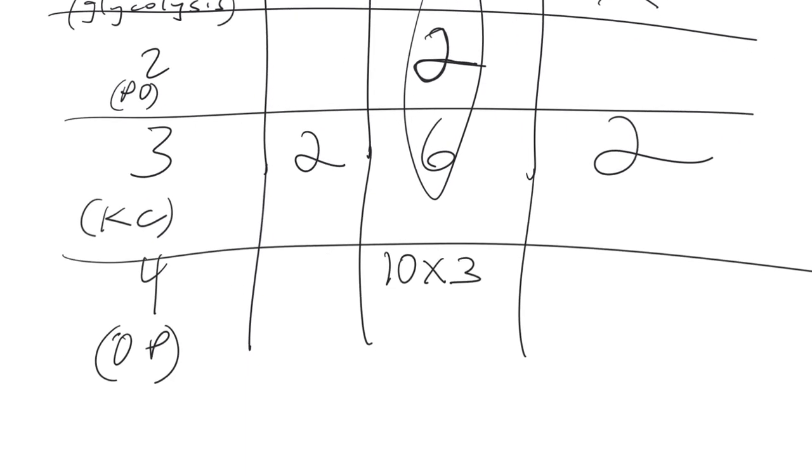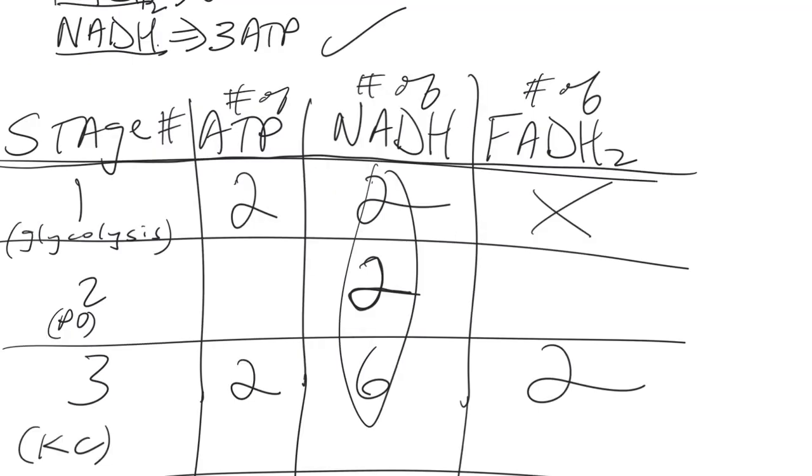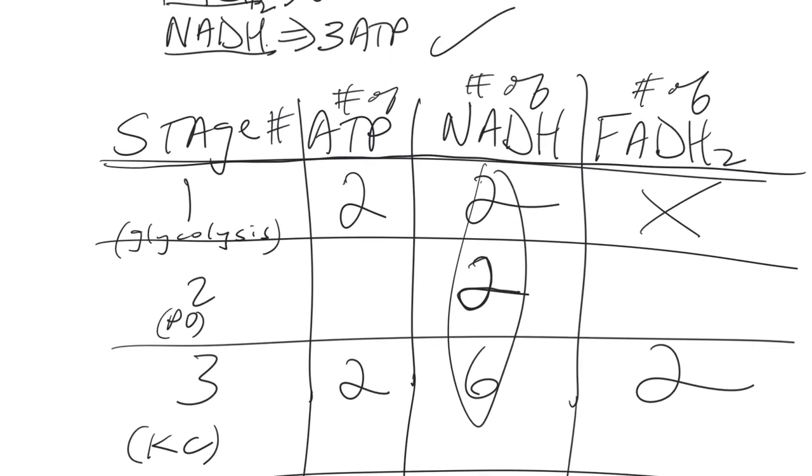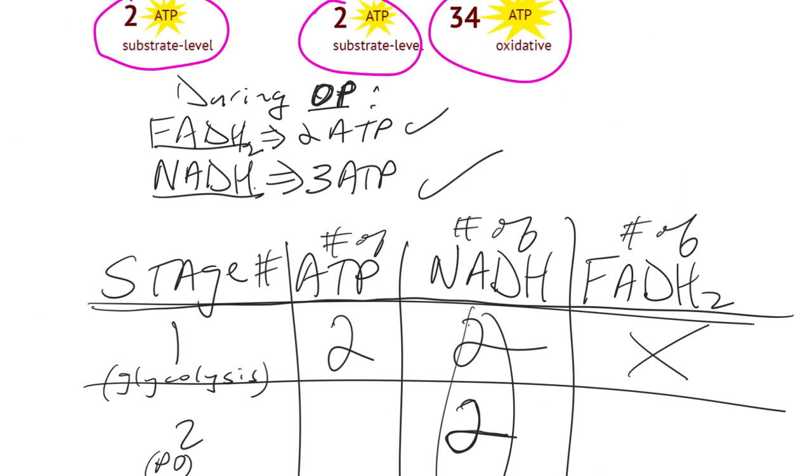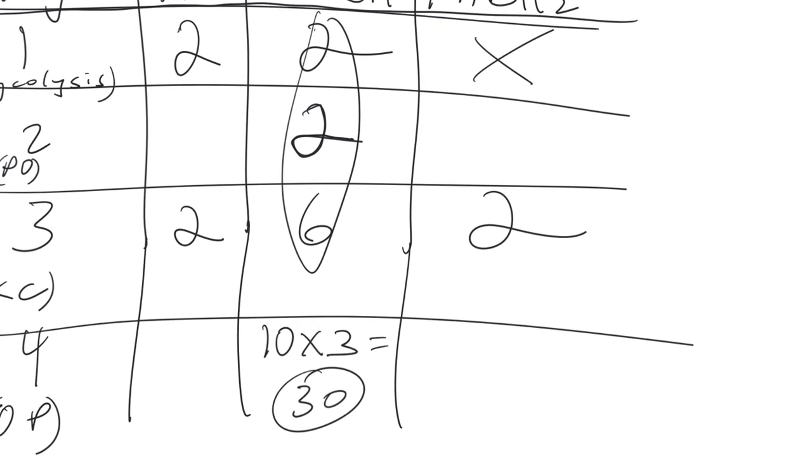So it's like currency exchange. It gets cashed in. So that'd be 30. Also, in the fourth stage, FADH2 gets cashed in. Each FADH2 is worth 2 ATPs. So we got 2 times 2 ATPs is 4.